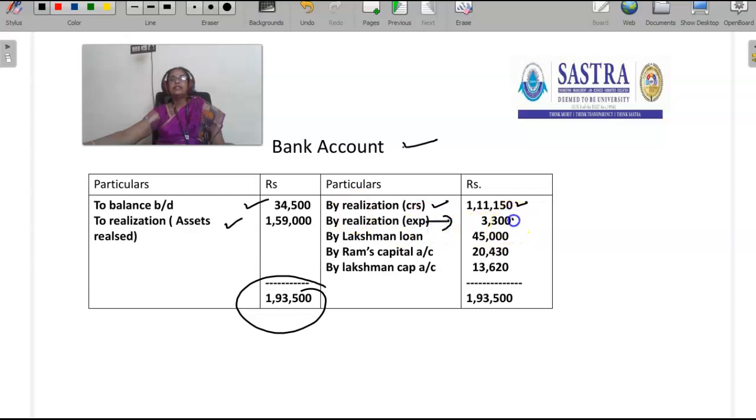Expenses met by the firm are 3,300. Lakshman's loan is settled 45,000. Then the settlement of Ram is 20,430 and Lakshman is paid 13,620. So the bank account is tallied. The bank account should be tallied in the case of normal dissolution.